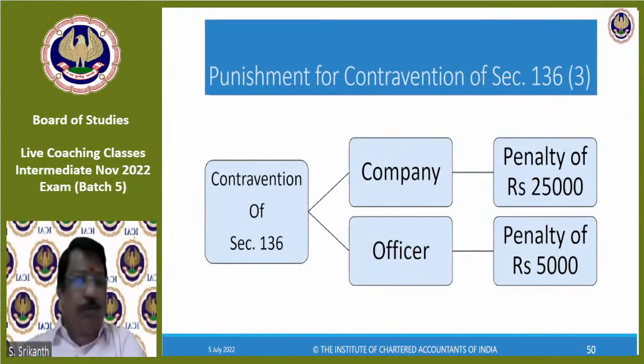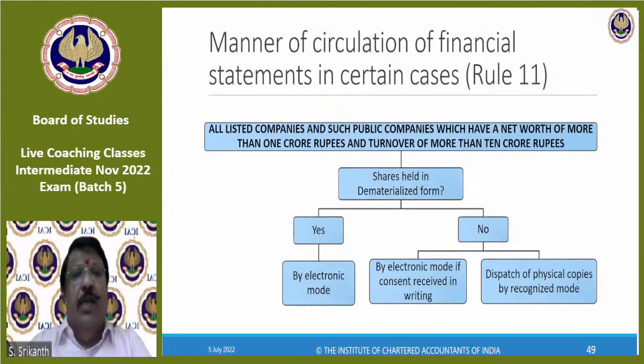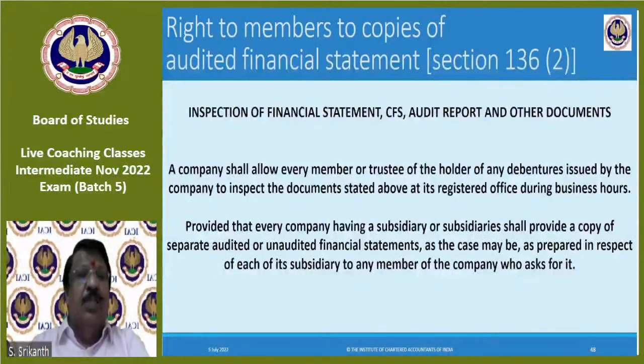Welcome back from the break. I hope well deserved. Moving on with our topic, we were seeing the manner in which financial statements are to be circulated. First, we saw the time duration and the exemption.